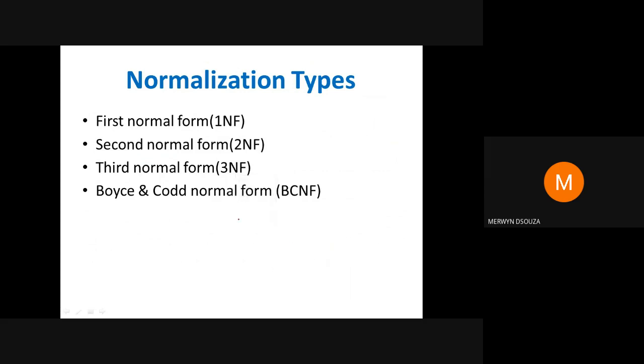Besides this, we also have a fourth normal form and a fifth normal form. But we are going to restrict ourselves from 1NF to BCNF. We are not going to be studying 4NF and 5NF.